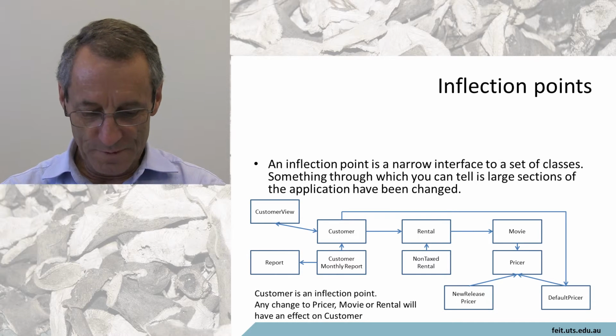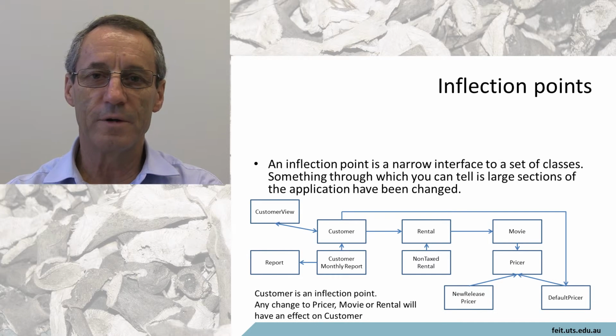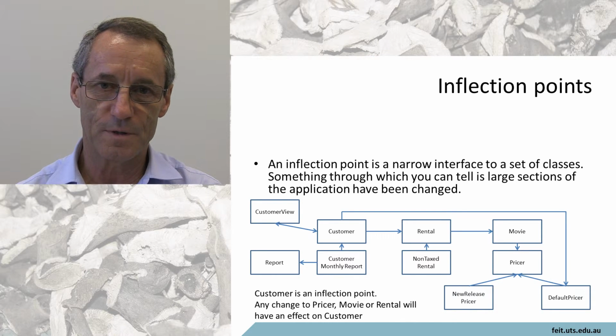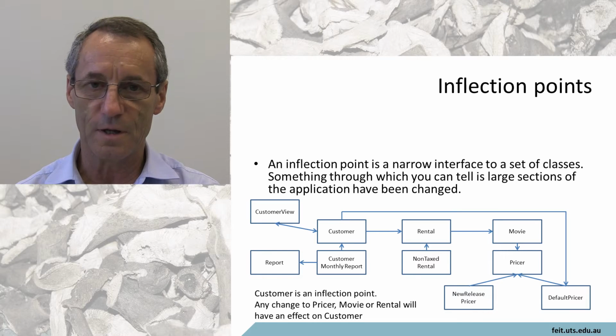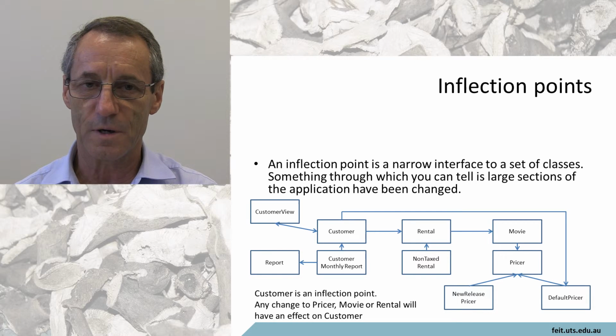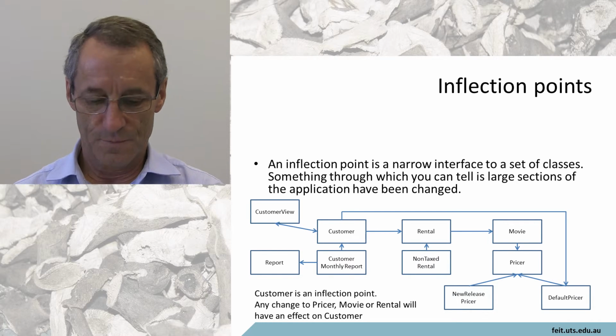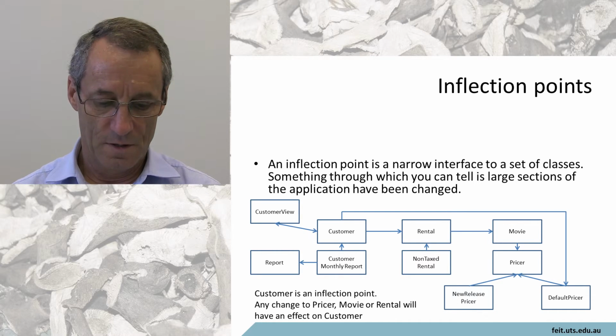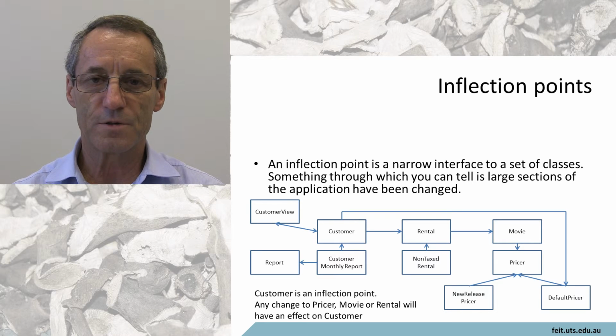Now, an inflection point is a narrow interface through which a set of classes is accessed. It's something through which you can tell large sections of the system are working. So in this illustration, there is this concept of a customer, and quite a great deal of information goes through the customer.